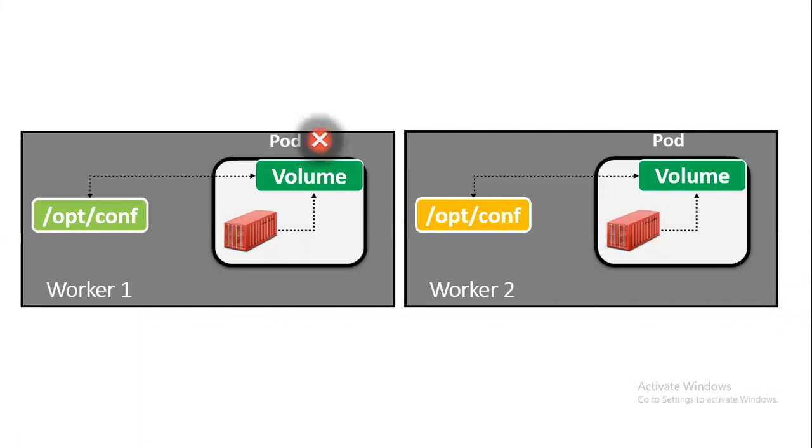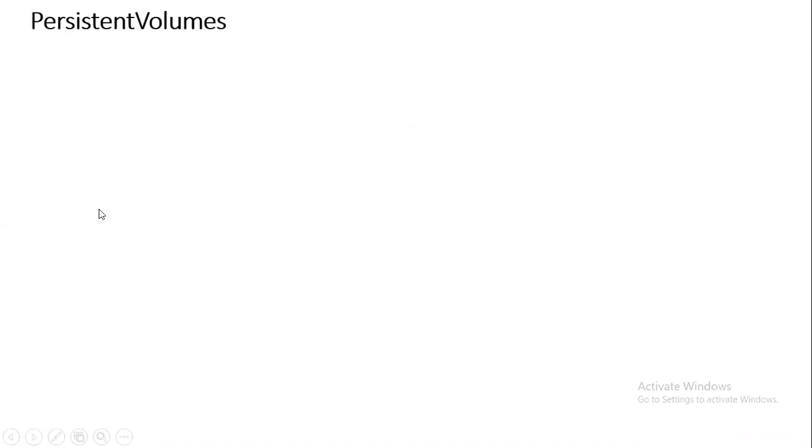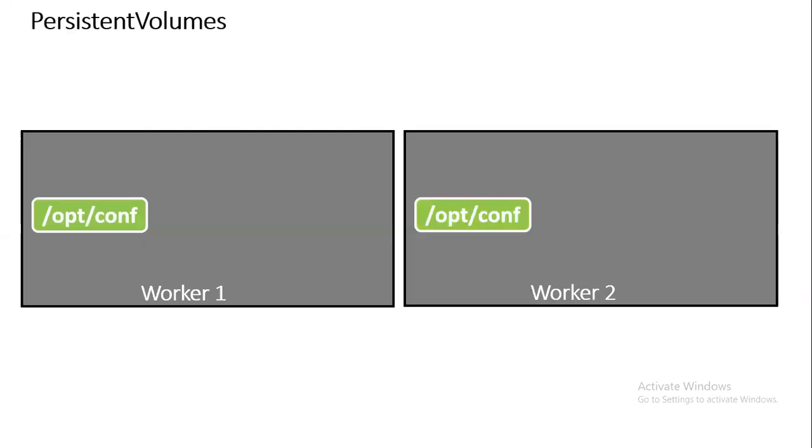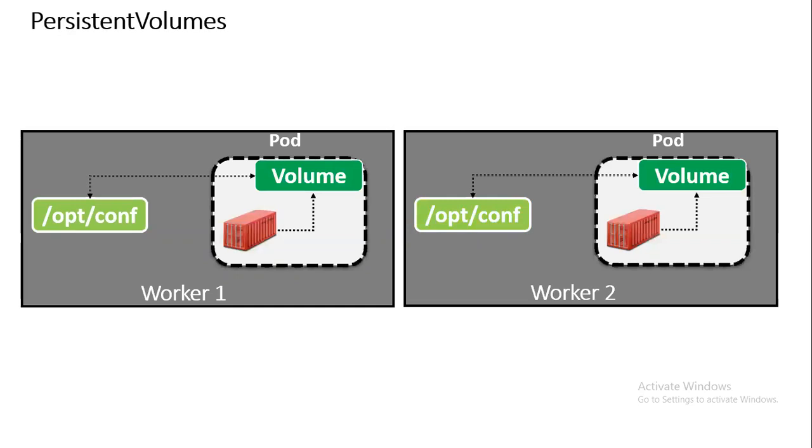So this is where, if you need a concept where regardless of which machine your pod is getting created, you can make sure that your pod has a volume which is shared across all the machines in the cluster, then such a kind of volume is what we call a persistent volume.